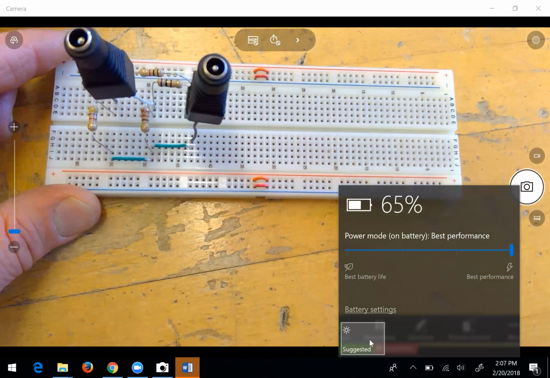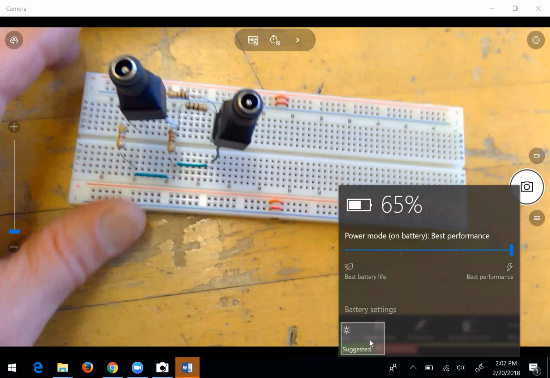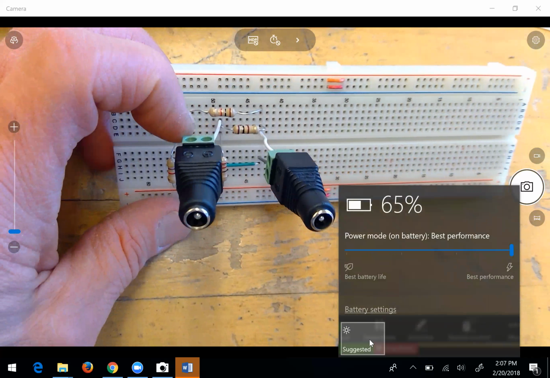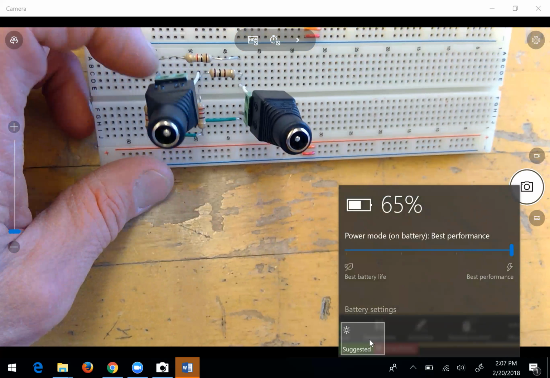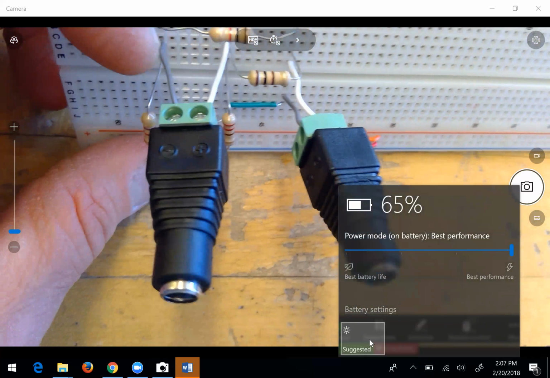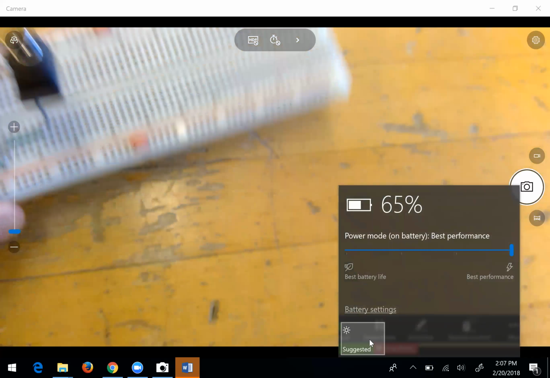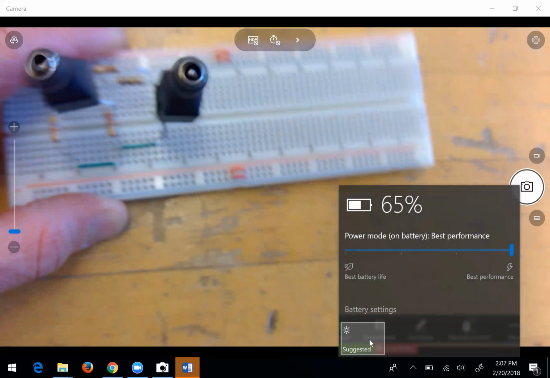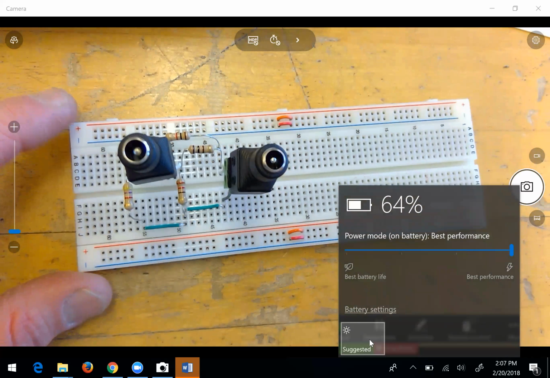You've got your reference node on the bottom, that's really nice. You've got a 1K. You have a voltage source there, that's going to be positive and minus. Another one here, positive and minus.